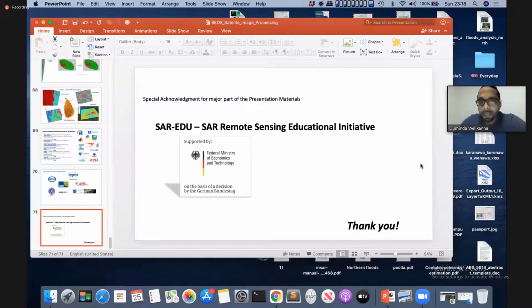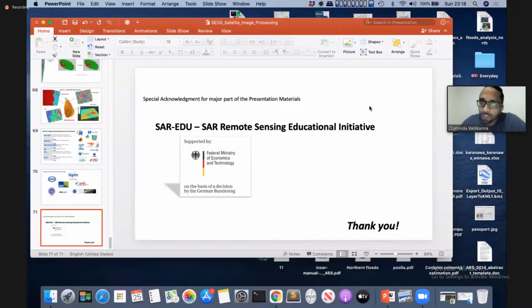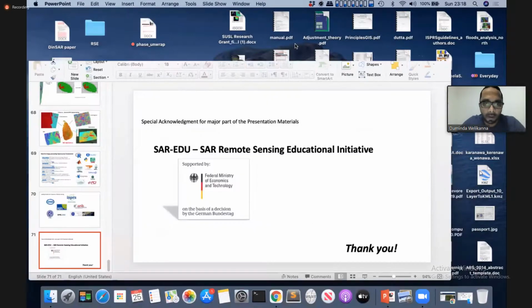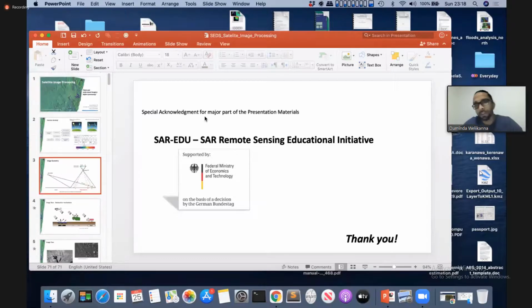Yeah, very good question, Anupa. SAR is actually a slant range image. It's not ground range. It's an oblique image. It's not a nadir-looking image, as I said. Just one minute, I will get to where I talk about this.